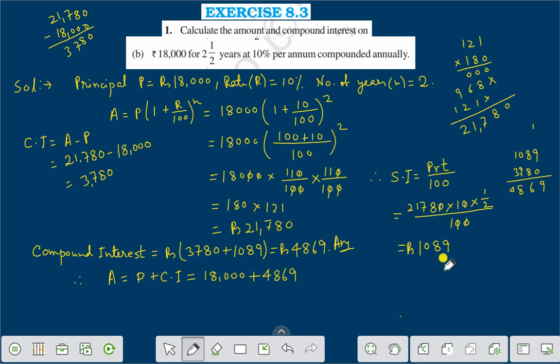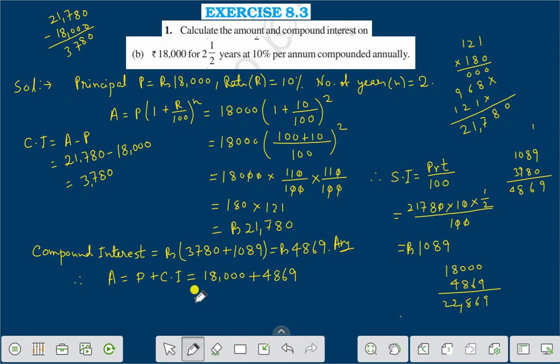If we add the numbers, 9, 6, 8, 8 plus 4, 12, 2, carry 1, we get 22,869.